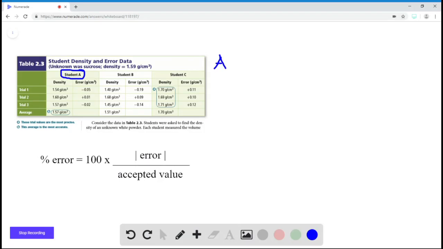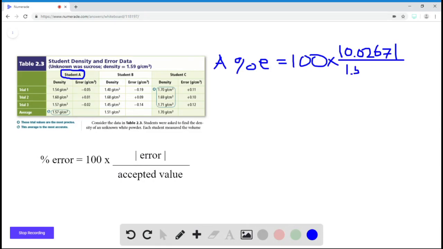So if you take the average of the errors, and again, we're using absolute values, percent error is going to be equal to 100 times the absolute value of 0.0267 over the accepted value of 1.59.